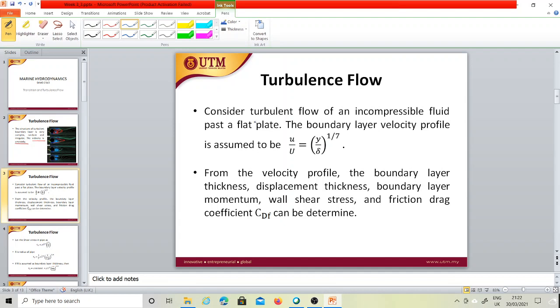Okay, anyway, next is how the velocity changes. The velocity profile, as I said, is normally non-linear. If we consider the turbulent flow of an incompressible fluid, we consider the velocity profile like this. If you remember, in the first or second video we had this kind of plot. We have u by u infinity.